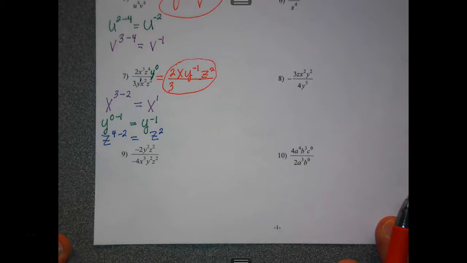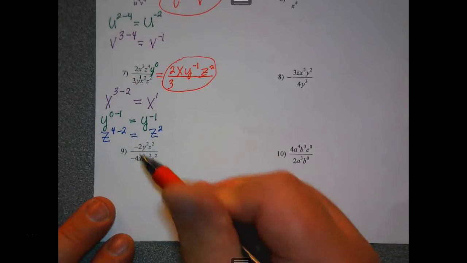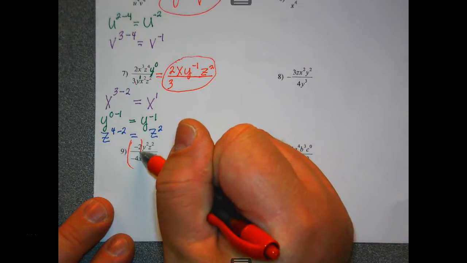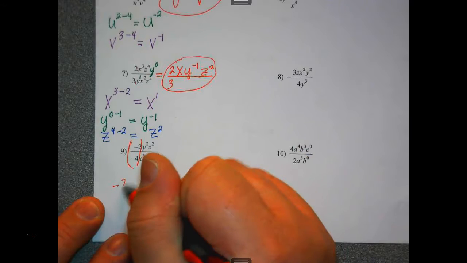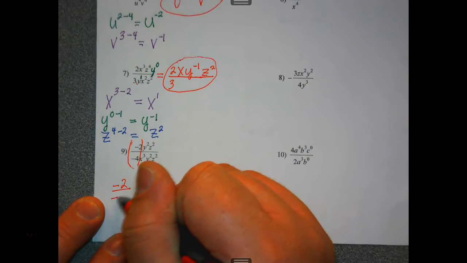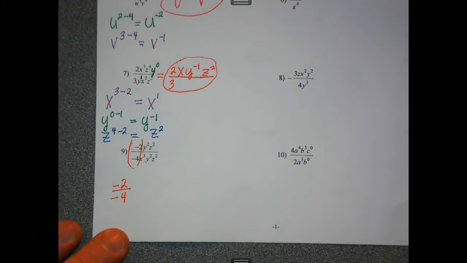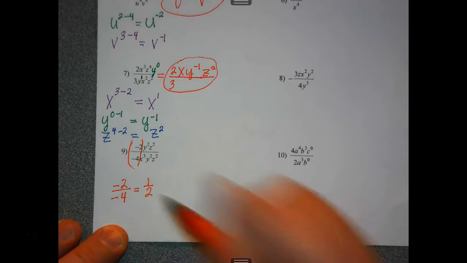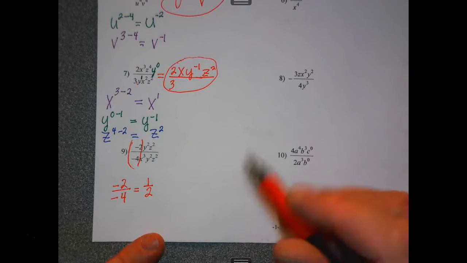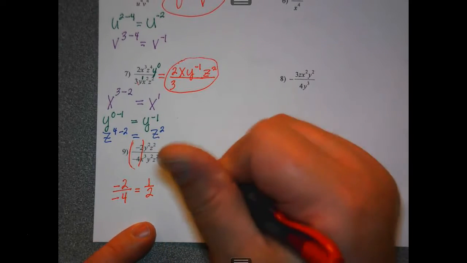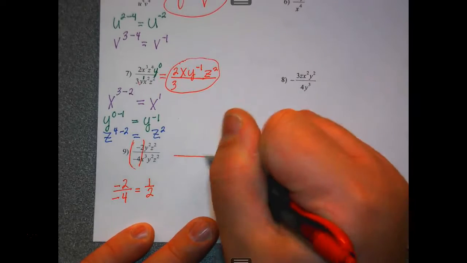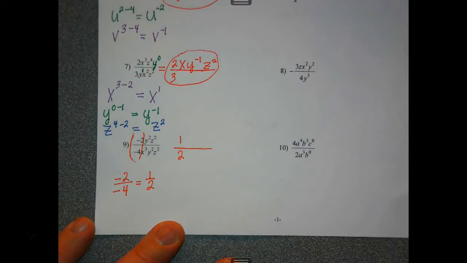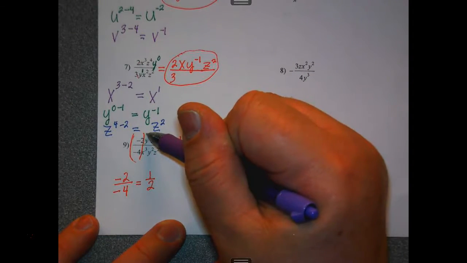Okay, let's separate these. This is how I'm doing this. My numbers here, I'm doing -2 over -4. What's that reduced? 1/2, right? Oh, negative divided by a negative is positive. Okay, so I have 1/2. Okay, next, I have my y's.